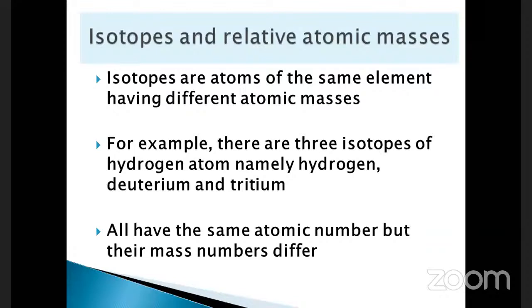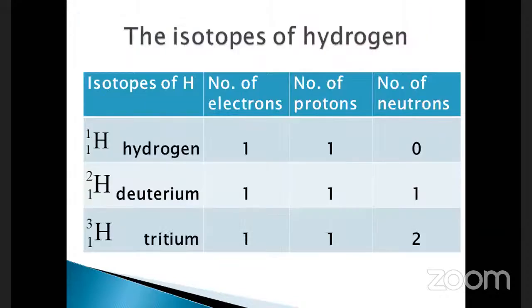An example is what you have here, that of hydrogen. Hydrogen has 3 isotopes. We have proton, deuterium, and tritium. As you see in that table, each of them has the same number of electrons, the same number of protons, but they differ in their number of neutrons. Proton, the first one, which we normally call hydrogen, has no neutron.